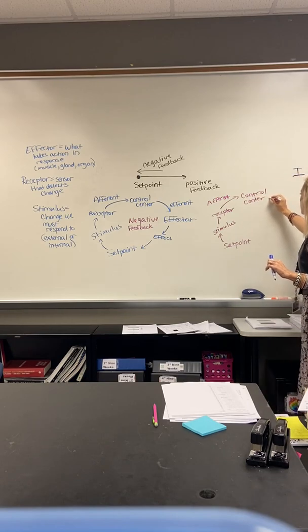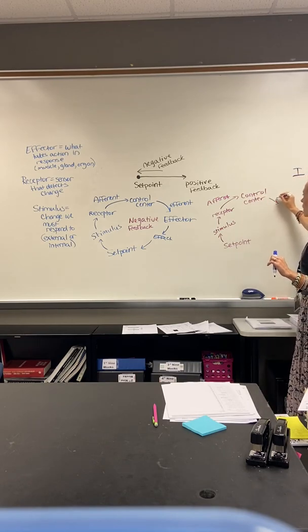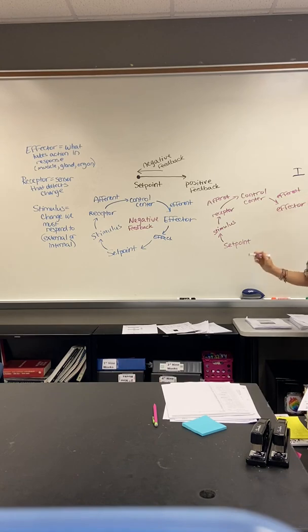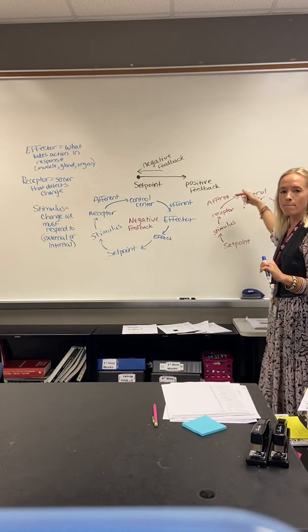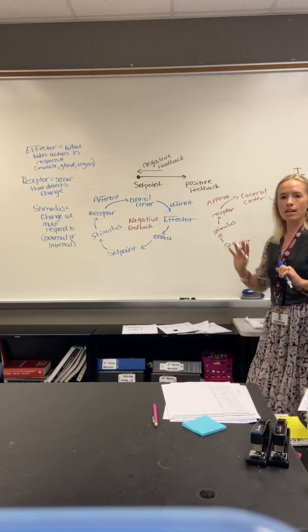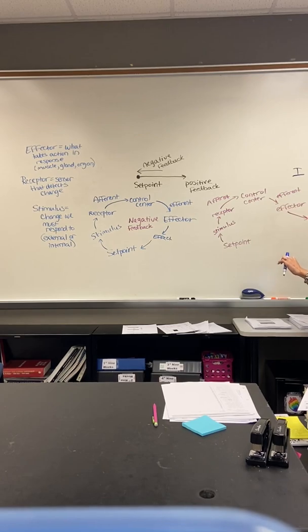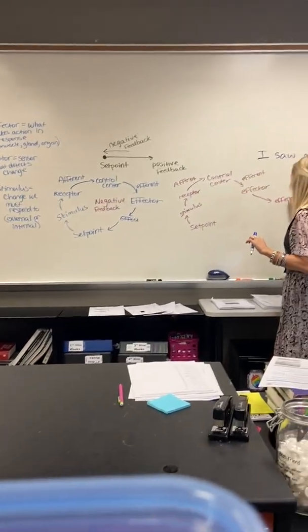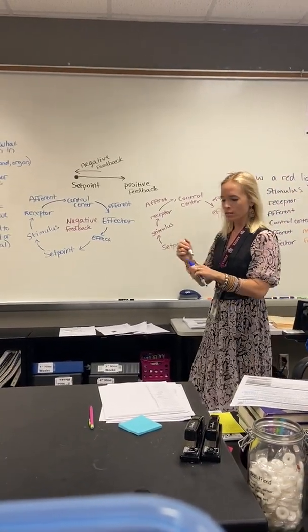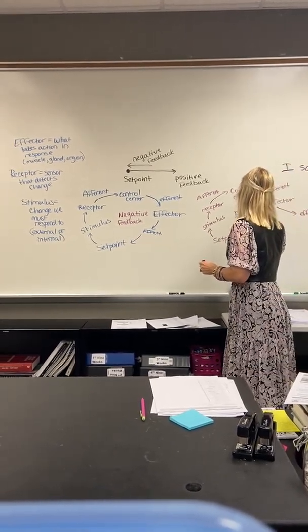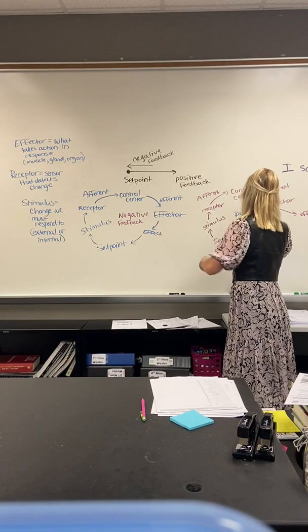Which sends the directions out efferently to the effector. And here's the difference. Instead of the effector bringing it back to set point, it's going to take it farther from set point. So it's going to take the effect away from set point. This is a positive feedback loop because it's moving in the positive direction.